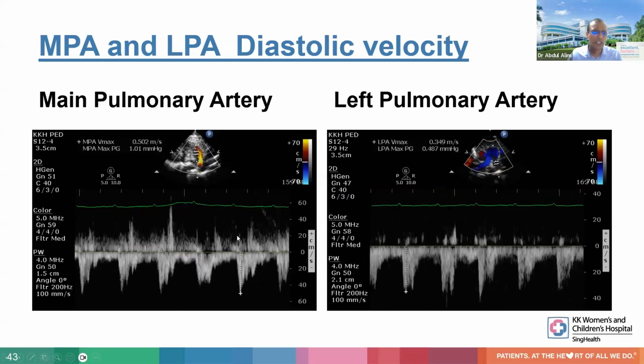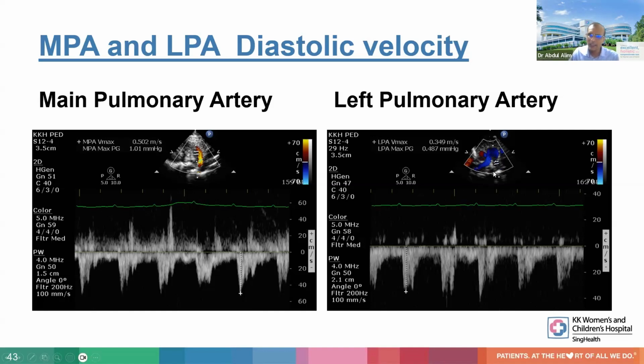And you can measure the diastolic flow velocity in the main and the left pulmonary artery. When you get a good pulse wave Doppler in the main pulmonary artery, the systolic flow velocity is about 60 centimeters per second. At end-diastole, with the ECG, you can measure about 20 centimeters per second, 0.2 meters per second.